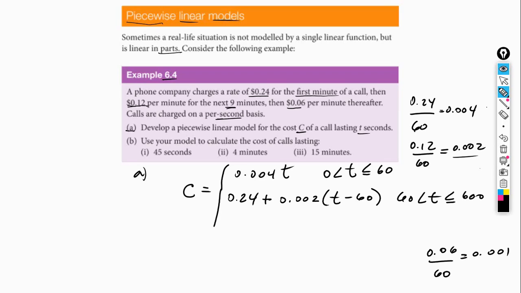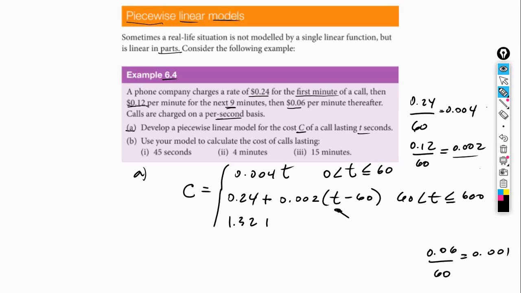Because if we put in t equals 600, we're going to get all the accumulated cost up to this point. So if you plug in 600 here for t and subtract 60 multiplied by 0.002 plus the 0.24 accumulated, you're going to get 1.32. So we have to start off at 1.32, which would consider all the previous time.